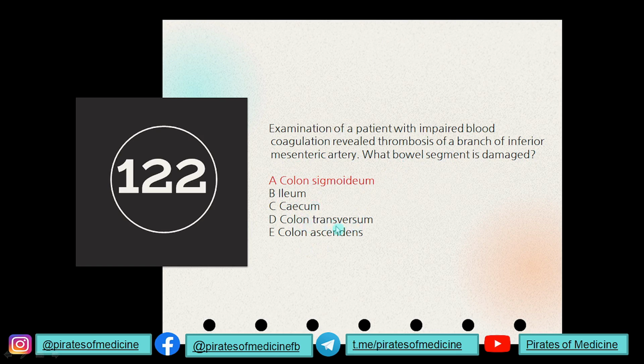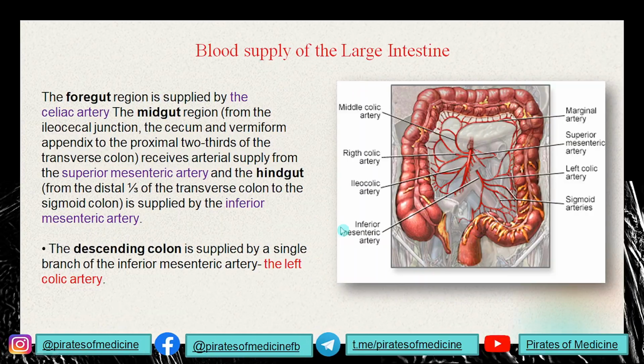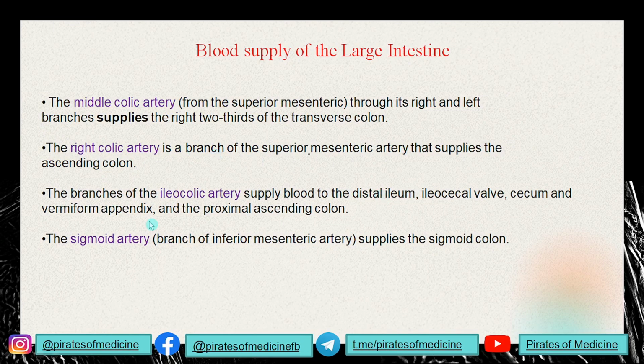Transverse colon's distal 1/3 part is supplied by inferior mesenteric, but the proximal 2/3, it is supplied by the superior mesenteric artery. So that is why the answer here is sigmoid colon, because it is supplied by the sigmoid artery, which is a branch of inferior mesenteric artery. You can see here, middle colic artery supplies right 2/3 of transverse colon. So that is why we will go for sigmoid colon.